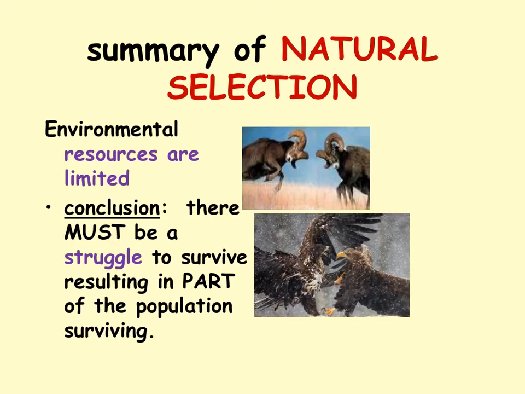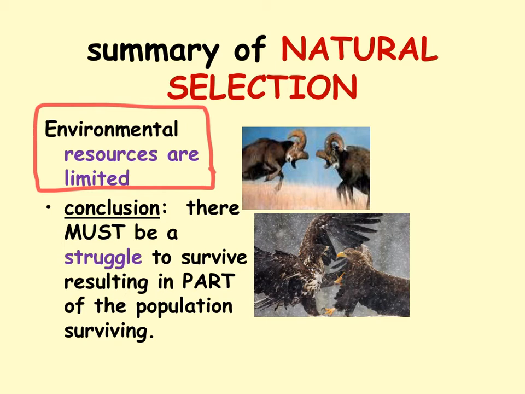All these rolled into one, and the fact that we know that environmental resources that organisms need are limited. There simply isn't enough, to keep it simple, food and water and space and available mates for reproducing.